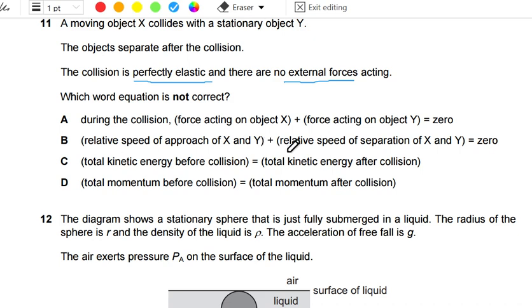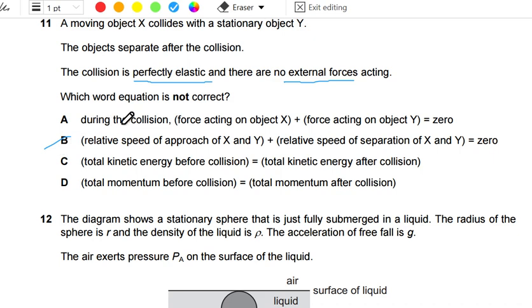So we cannot add both of them to give 0 because they are not necessarily 0, and as the speed here is scalar, we don't have one minus the other to give 0. Okay, so this is not correct.